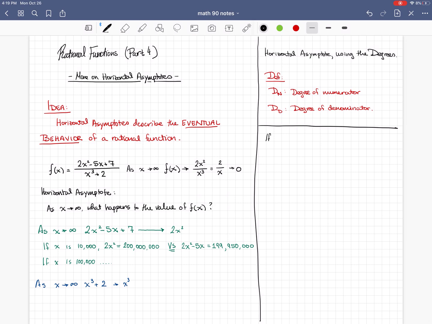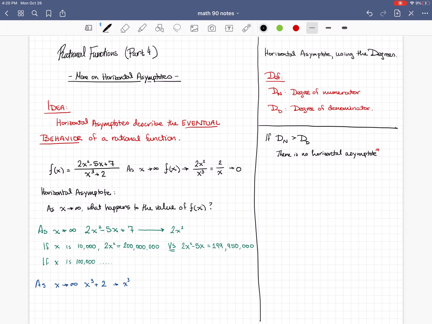If the degree of the numerator is greater than the degree of the denominator, there is no horizontal asymptote. Now, I'm actually going to put a little asterisk at the end of this phrase, and it's an asterisk that I'm going to address in a future video.